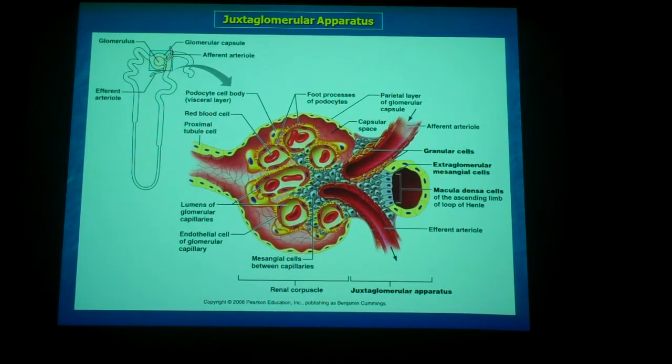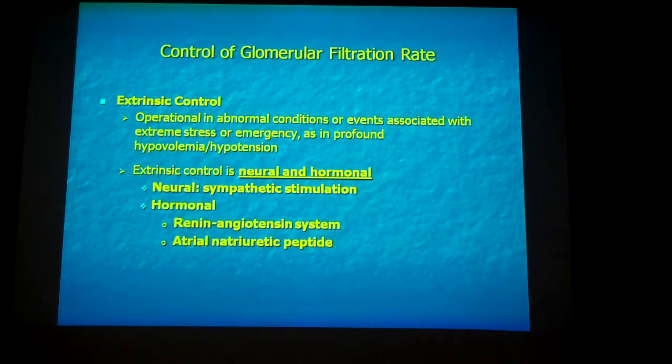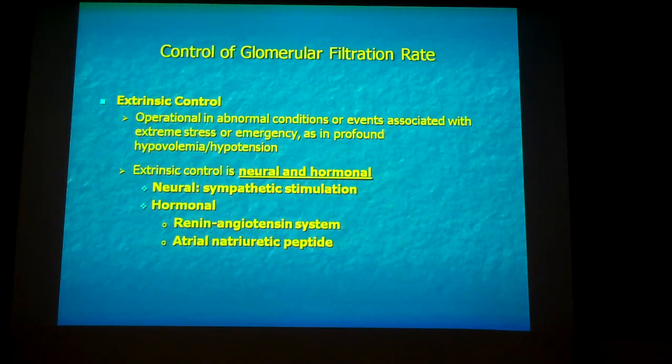All right. Oh, well. Now, the other method is extrinsic control of glomerular filtration. This applies when there's been some major insult to the hemodynamics in the body. So you've got a drop in circulating blood volume, a drop in pressure, or both. Now we have to shift to another gear.